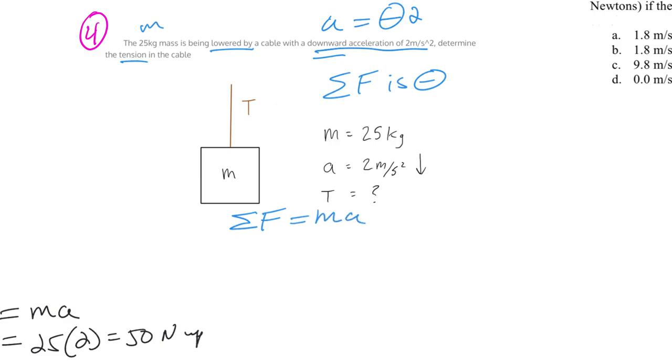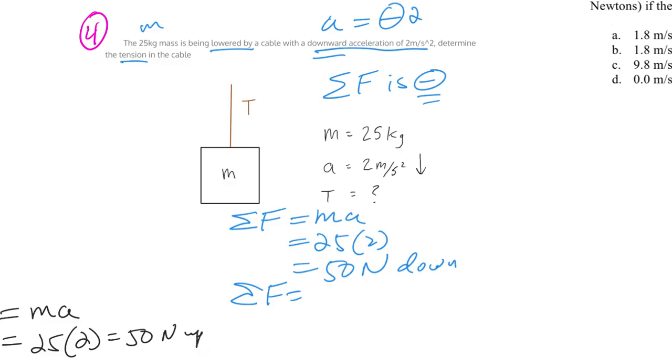That's ma equals 25 times 2 down, which is 50 newtons down. Why is it negative? Because the acceleration is negative. So another equation for net force customized for this problem, well, let's do a free body diagram. Since the net force is negative, the negative force has to be bigger than the positive force.